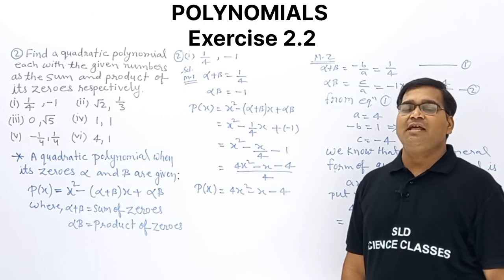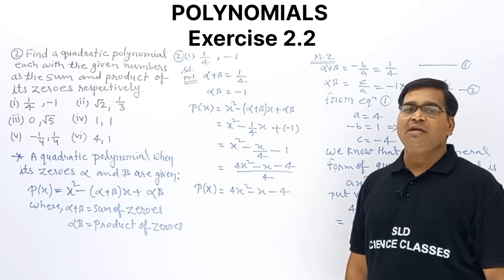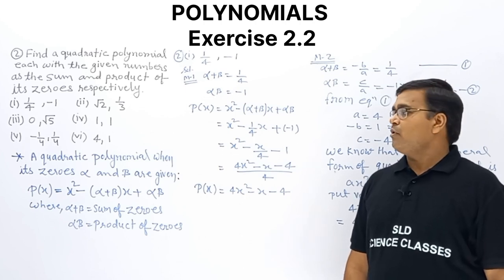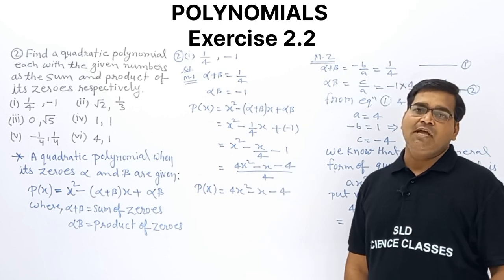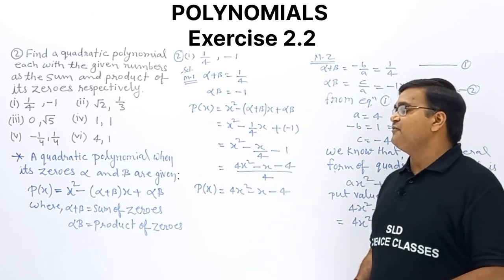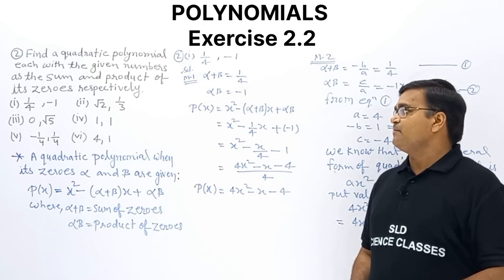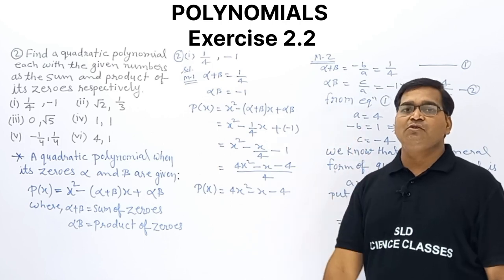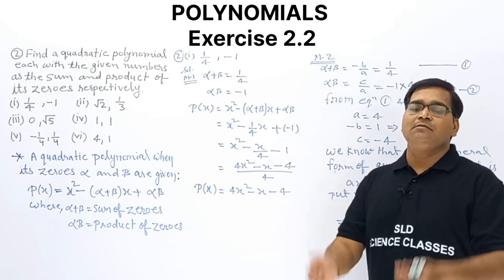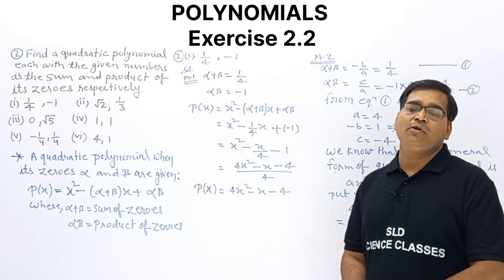If two zeros are alpha and beta, then the sum of the zeros will be alpha plus beta, and the product of the zeros will be alpha into beta. By using these we will find the quadratic polynomial.